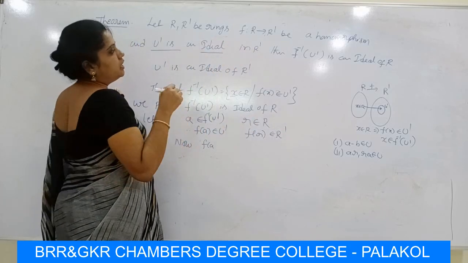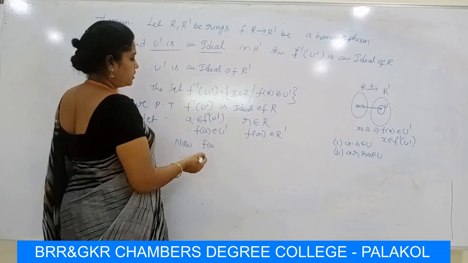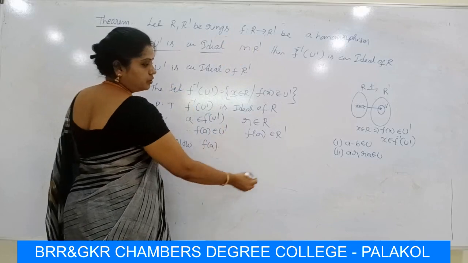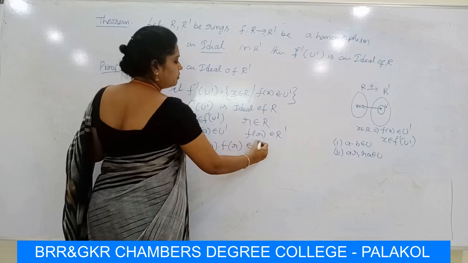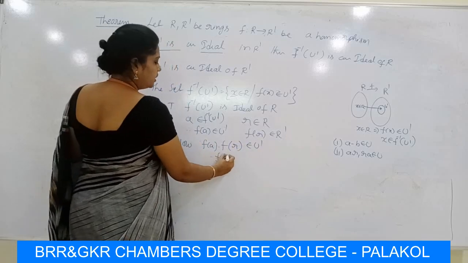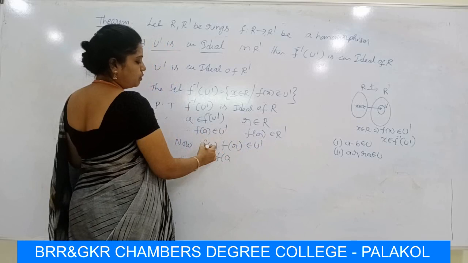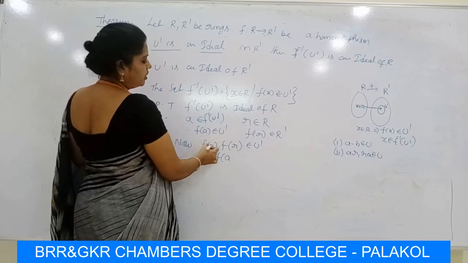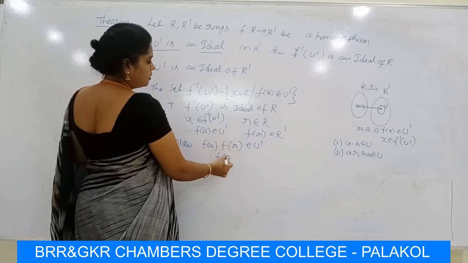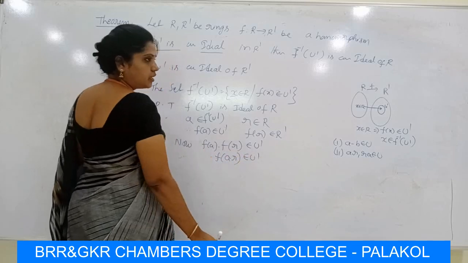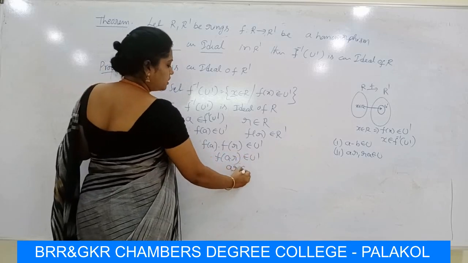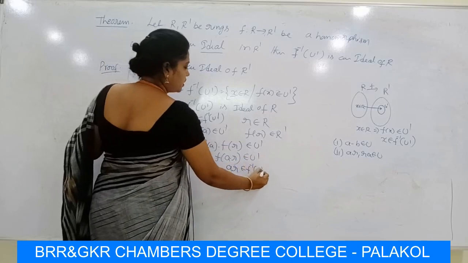So by the second condition of the definition of ideal, F of a into F of r is an element of U dash. Again F is a homomorphism, so F of a into F of r is F of a r. So that can be written as F of a r belongs to U dash. So then a r belongs to F inverse U dash.